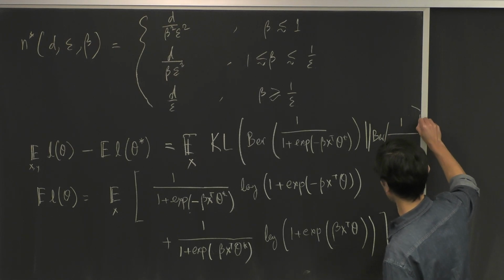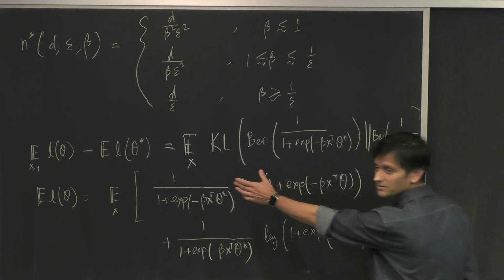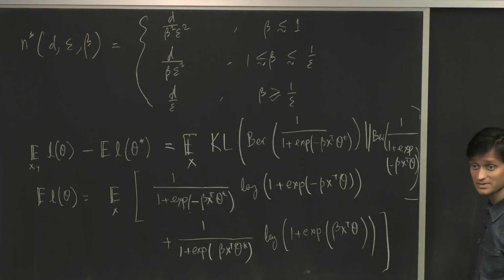And then there is a big bracket over here. So this is some KL divergence between two Bernoulli random variables.